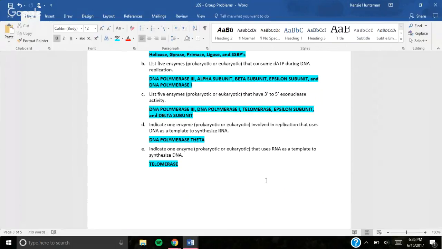So the DNA polymerase theta, and we had to do some outside research to find the answer to that one, to find what protein that was, or enzyme, excuse me. And then for E, indicate one enzyme, prokaryotic or eukaryotic, that uses RNA as a template to synthesize DNA. And this again is telomerase, and this we found in the reading as well.